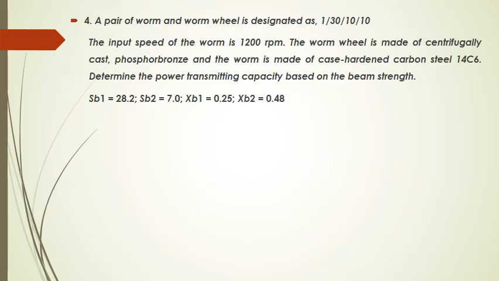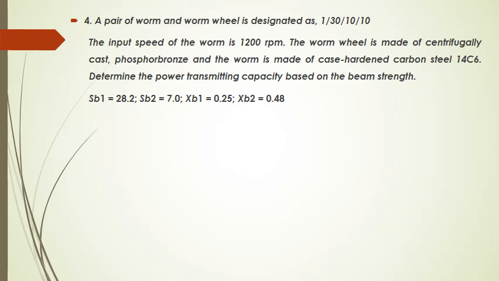Now problem number 4. A pair of worm and worm wheel is designated as 1-30-10-10. The input speed of the worm is 1200 rpm. The worm wheel is made of centrifugally cast phosphor bronze and the worm is made of case hardened carbon steel 14C6.